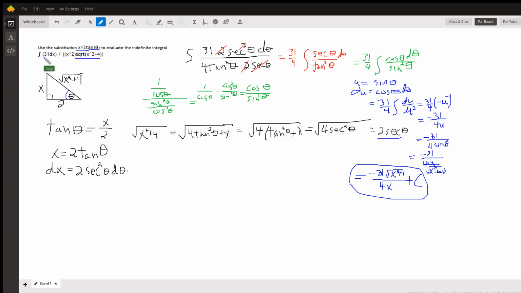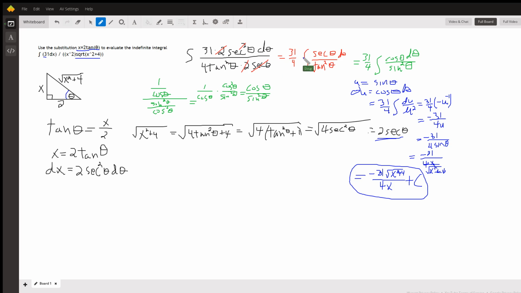We've got this 31. We've got dx is 2 secant squared theta d theta. In the denominator, x squared is 4 tangent squared theta. And we figured out that that radical is 2 secant theta right here. We cancel out, moving the 31 for us out front.